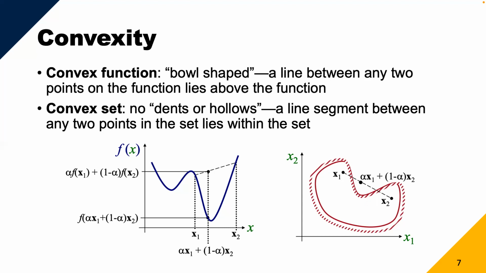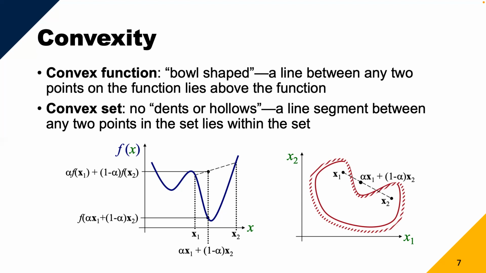If you have x and then some function of x, there's a question of whether or not that function of x is convex. The way this is determined is that if you draw a line from any point on the function to any other point on the function, then if it is convex, the function will always be below that straight line.